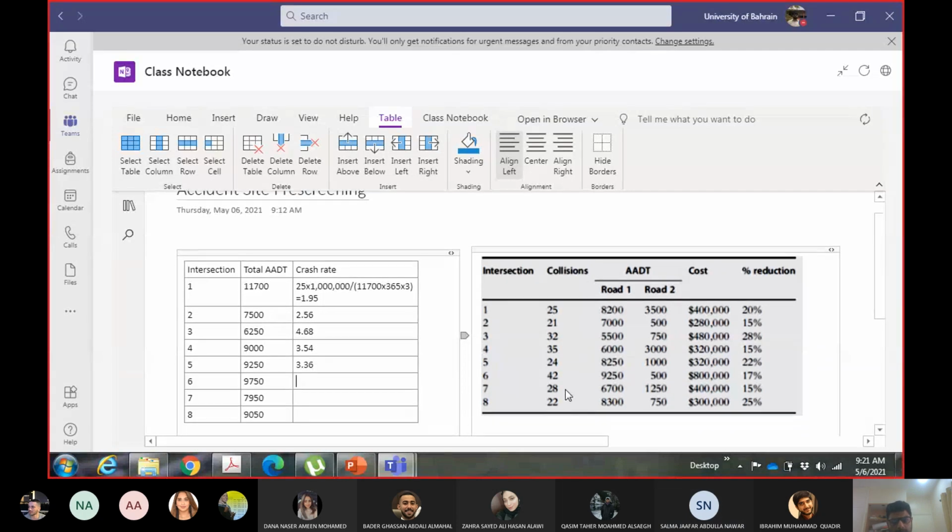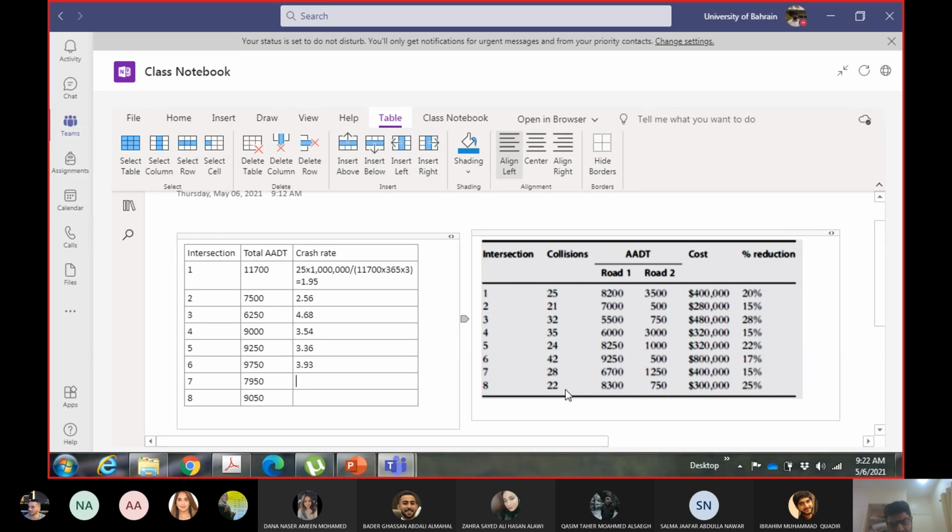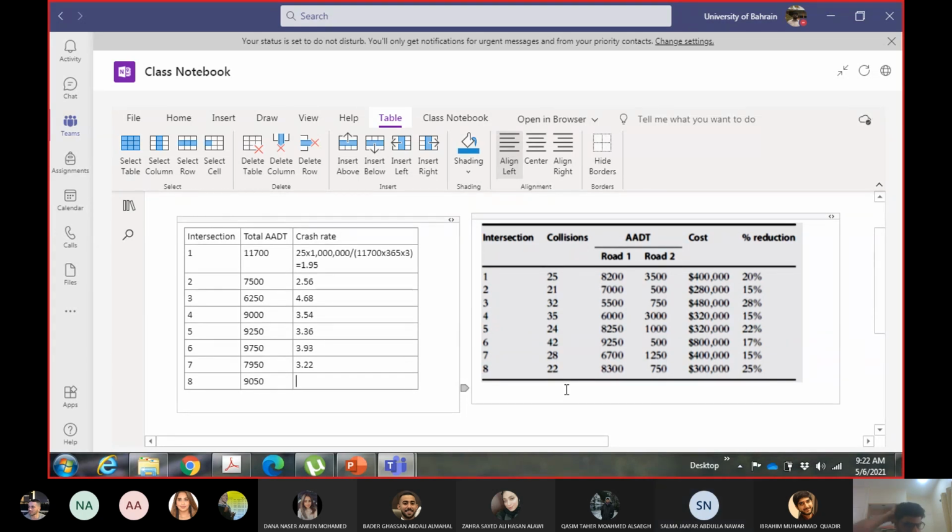Okay, site 6. 3.93. Then 3.22. And 2.22.